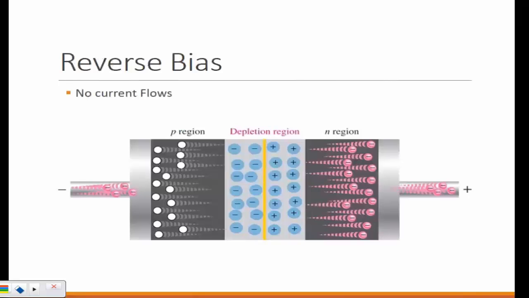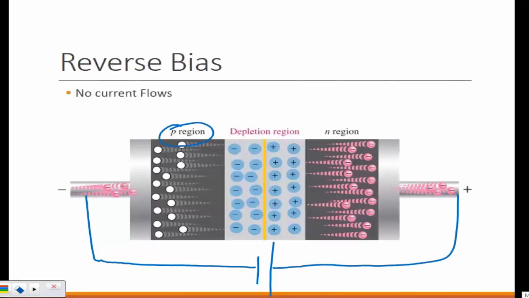But if you flip it the other way, correct? Remember, reverse bias means p-type gets negative and n-type gets positive. So if you do this, again the same explanation. Now negative is here, so the source will push electrons this way, correct?